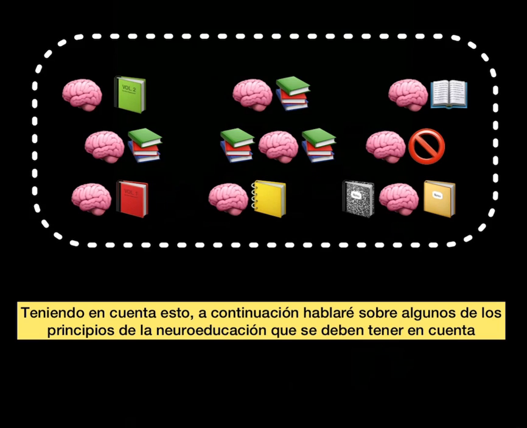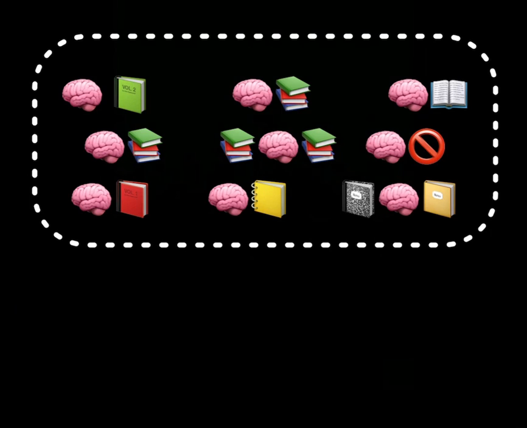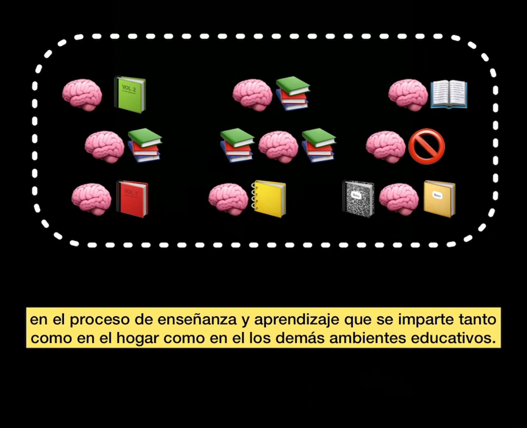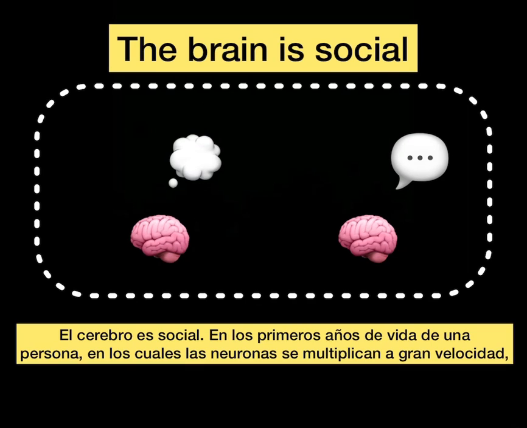Bearing this in mind, next I will talk about some of the principles of neuroeducation that must be taken into account in the teaching and learning process that is taught both at home and in other educational environments. First, the brain is social.